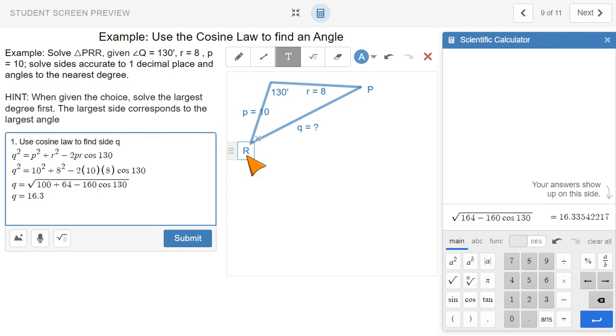Okay, second thing, let's solve for one of the angles.